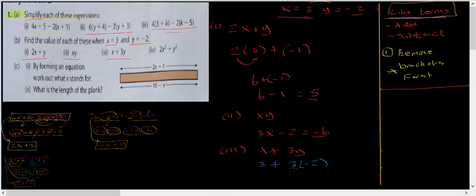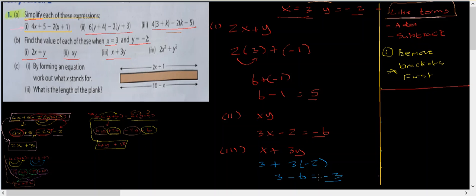So we get rid of the bracket first. So plus 3 multiplied by minus 2 is equal to minus 6. So minus 6 plus 3, that's going to be equal to, if we're on plus 3 and we minus 6, we're going to end up on minus 3.